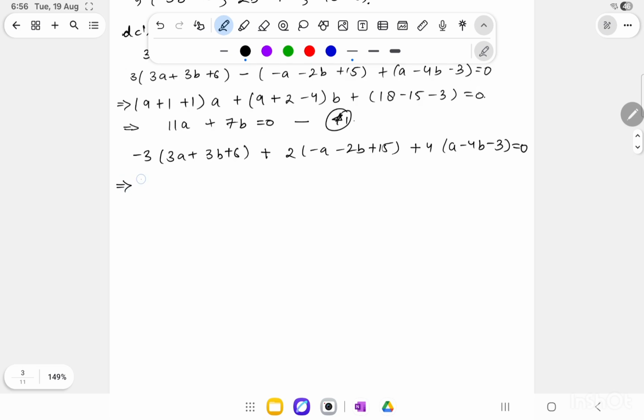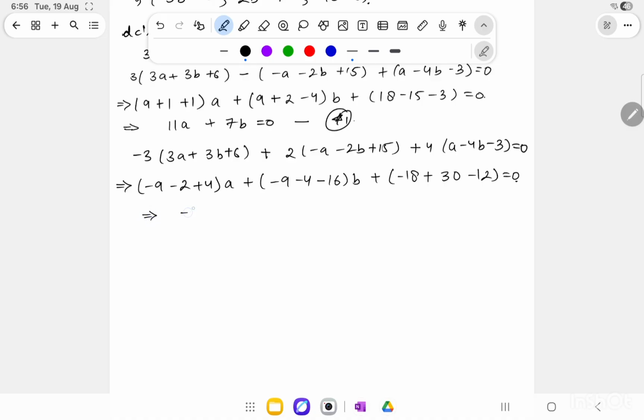If I simplify it, I'll get (-9 - 2 + 4) into A + (-9 - 4 - 16) into B + (-18 + 30 - 12) equals 0. So if I simplify this equation, I will get -7A - 29B equals 0.